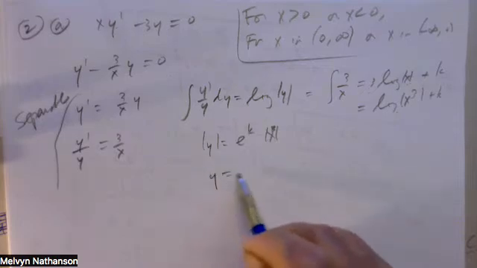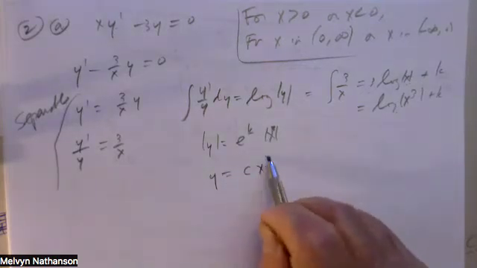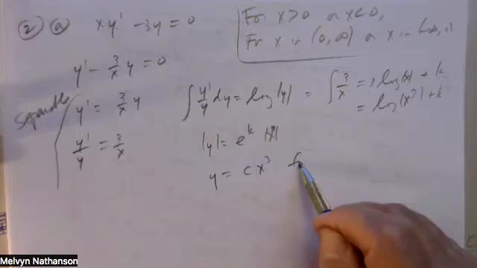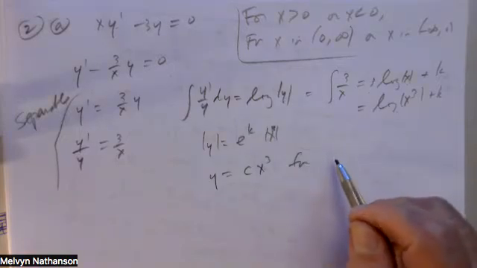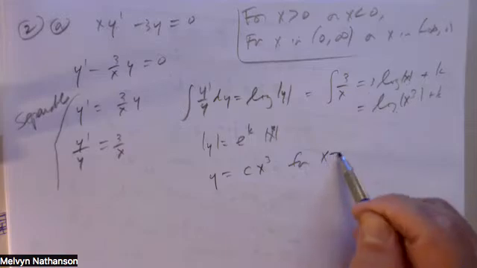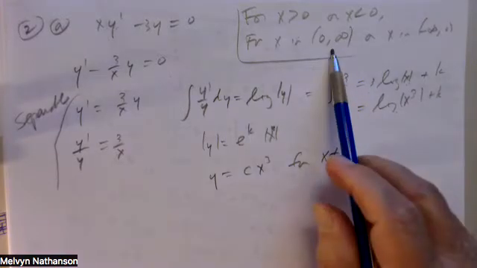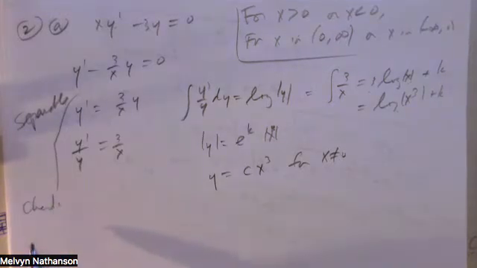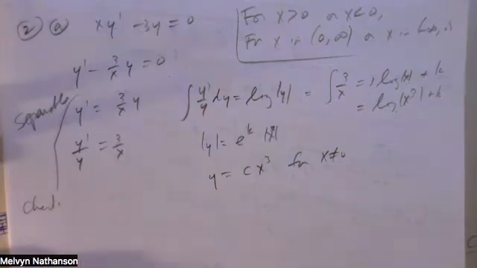So y is some constant times x cubed, and this is either for, well, for x different from 0, either for a positive x or for negative x. And let's just check that this solution of the homogeneous equation is correct.